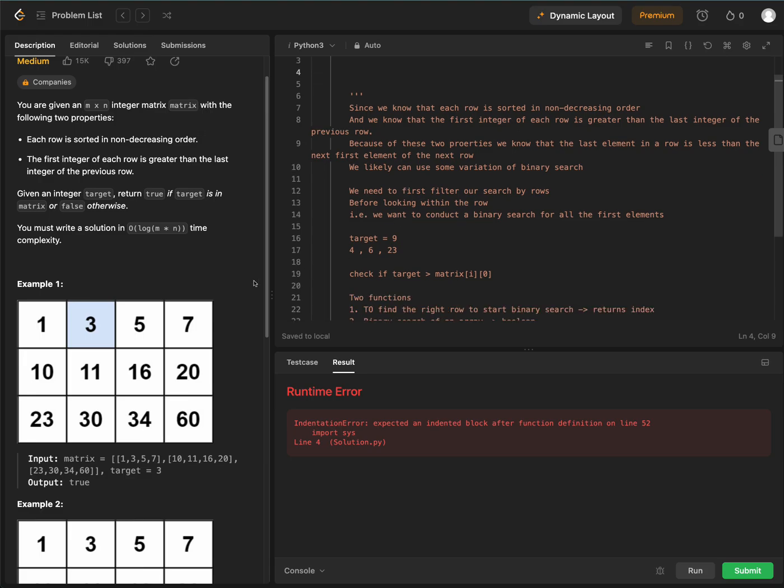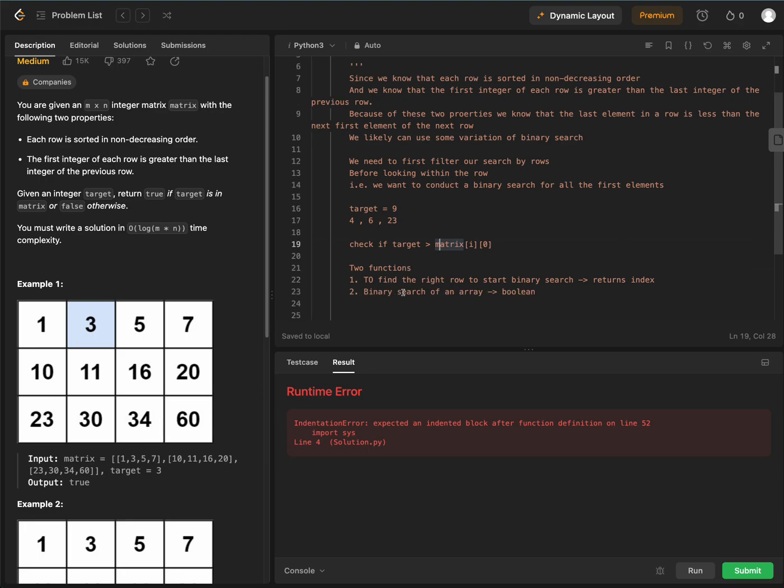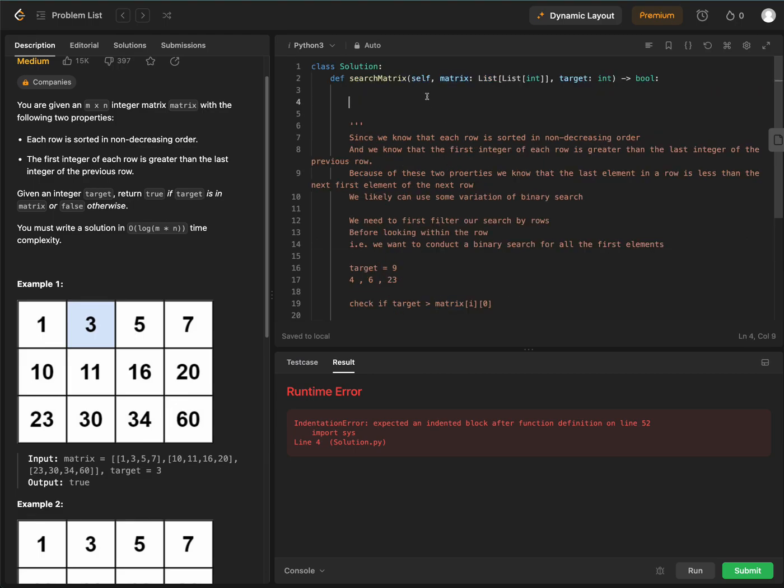Now let's start from the top. We need to find the right row. Right, we have def find row, or maybe let's just do this right away.